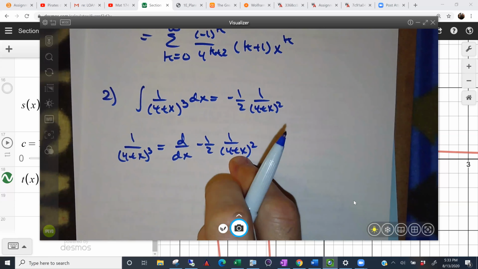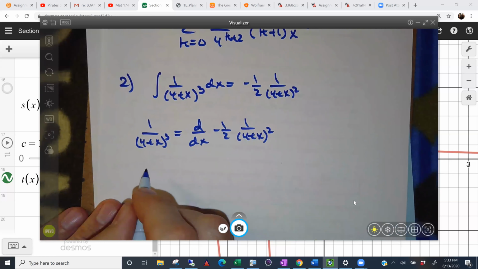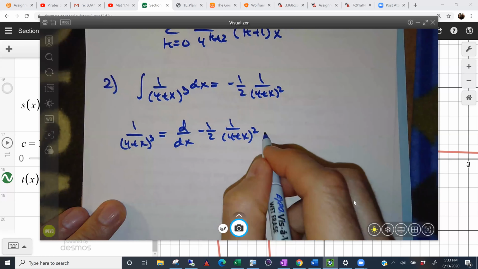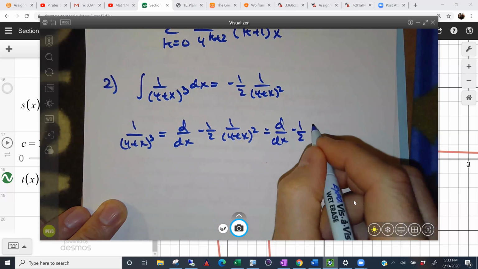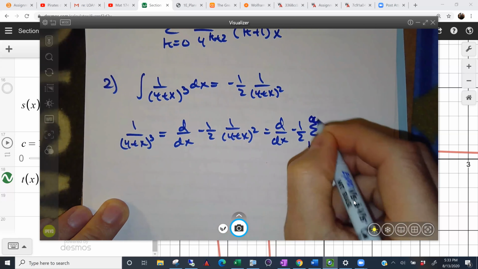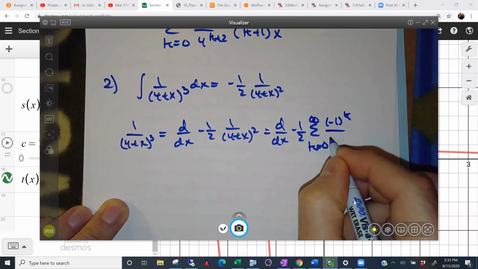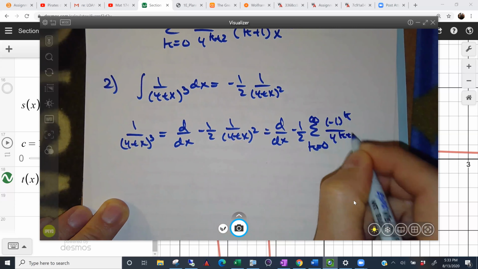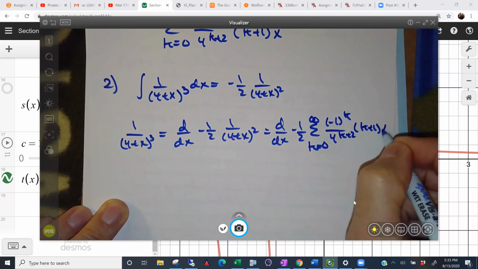We just came up with a series for that. So let's plug in the series here. That's going to be d by dx of negative 1/2 of the sum from k equals 0 to infinity of negative 1 to the k over 4 to the k plus 2, k plus 1 times x to the k.